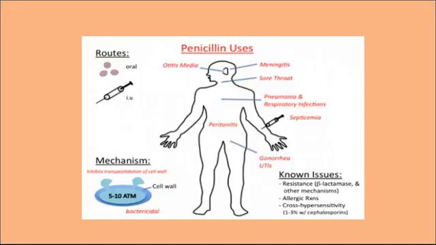So they've come up with some changes to some of the penicillins to defeat these. But in the penicillin class itself, penicillin G was the first penicillin administered orally and by injection. And then penicillin V was the next one that came out.